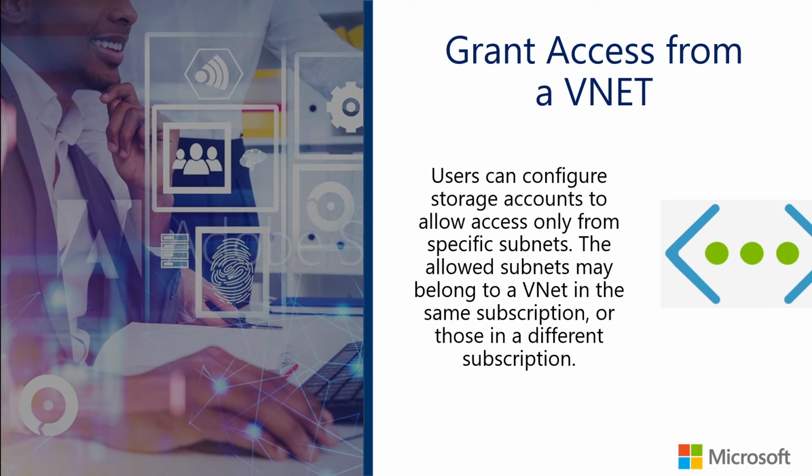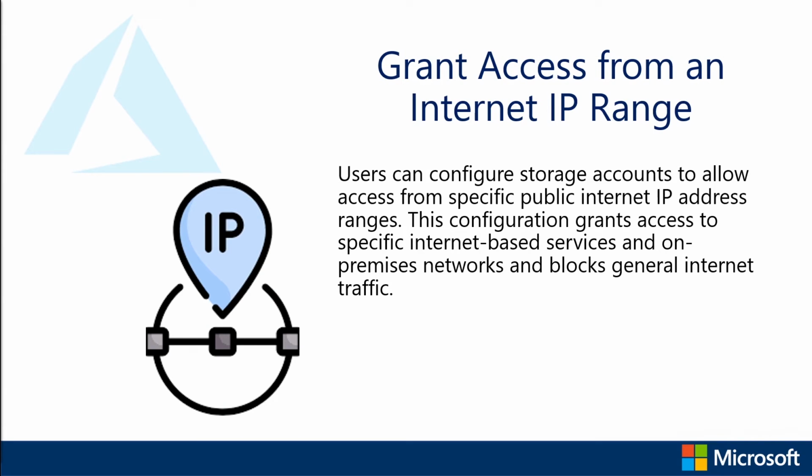Okay? You can also be specific and say, hey, give me that access, but only to a specific IP range. You can define a complete segment of IPs or specific IPs one by one to say, from on-premises or from cloud, these are the only IPs that can read the content of my storage account. This is also an option that we have.